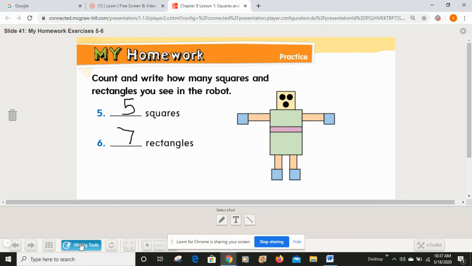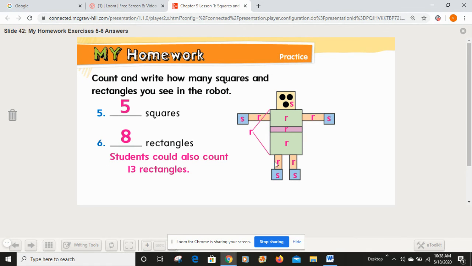We're not looking at just 7, we are looking at 8. Let's check. And we already saw that that was correct. Sometimes it's easy to miss one of the rectangles because you're looking so closely at the parts that you miss the whole part of it. So 5 squares, 8 rectangles.